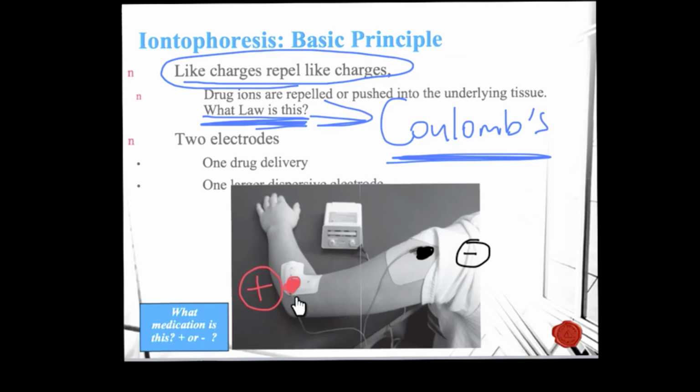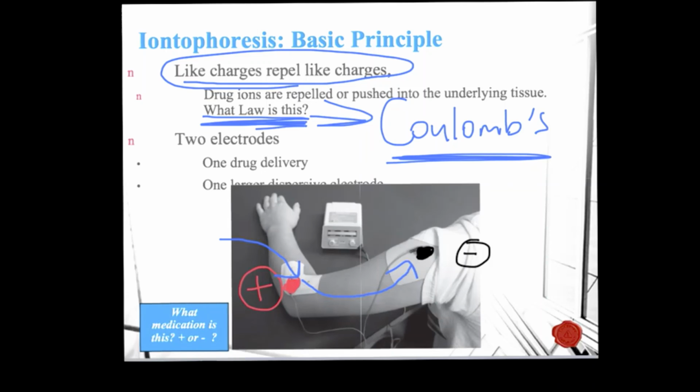So you have the active electrode here, and then the dispersive electrode over here. Based on that, we know that the medication would be going from this electrode, driving the ions into the skin, and then the current would be closed. The circuit would be completed through the dispersive electrode there.